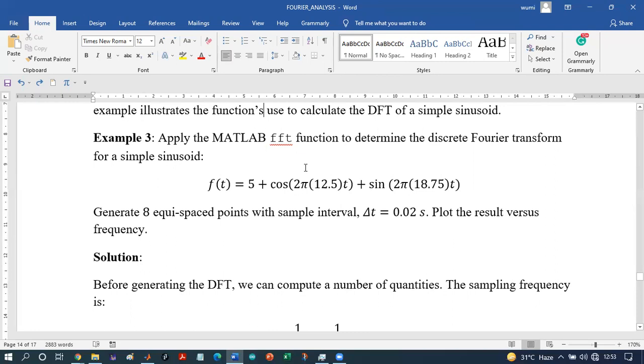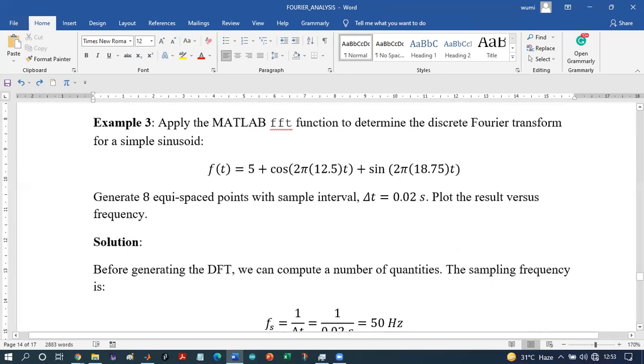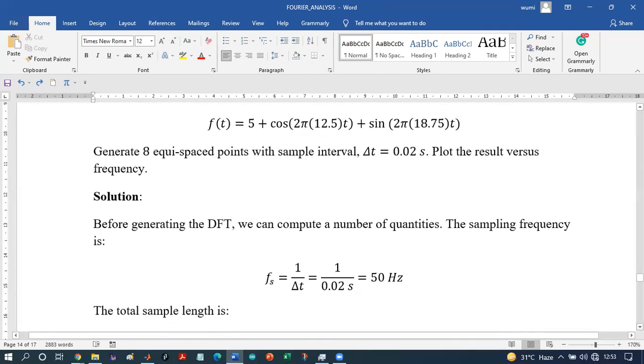Generate 8 equispaced points with sample interval T equal to 0.02 seconds. Then you should plot the results as a function of the frequency. This is the formula to do it by hand. Before we do that, we need to get some information about the signal. From the question, n is equal to, what is n?